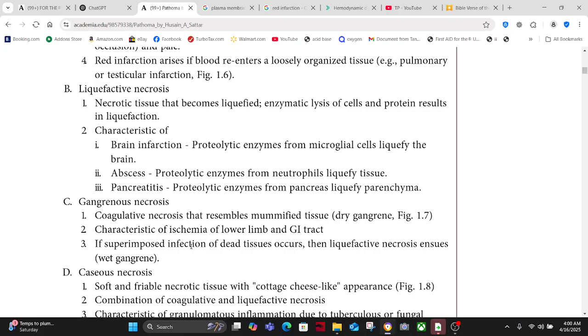So, what this means is, in liquefactive necrosis, there's enzymatic lysis of cells and proteins in the brain. So, characteristic of brain infarction. The microglial cells have proteolytic enzymes in them that destroy the brain.